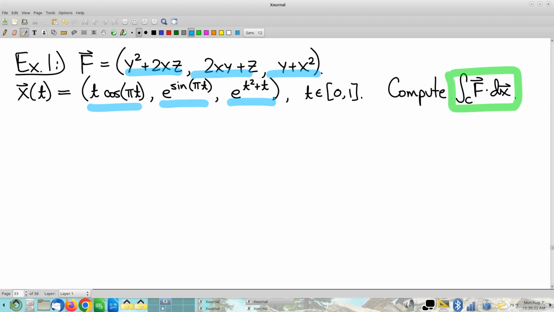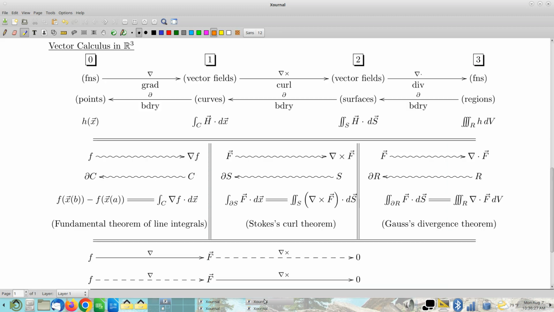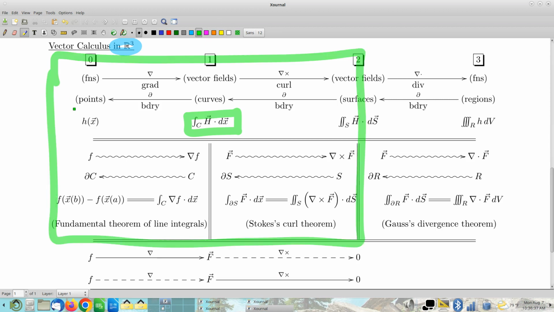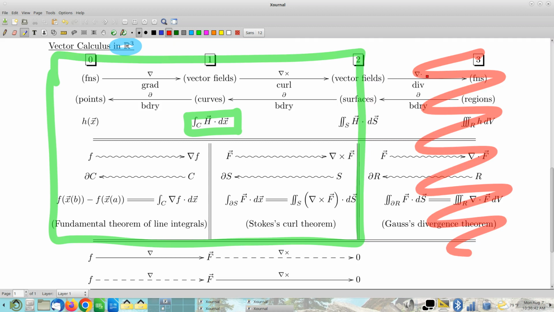So we're looking at a vector line integral in R3. And back to the diagram, here's my context, right? Nothing over here is going to be relevant. You're not going to catch me writing divergence or triple integrals or saying the word Gauss. None of that, because it just couldn't possibly be relevant.